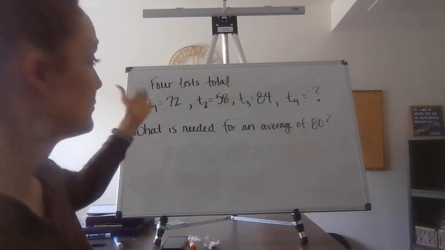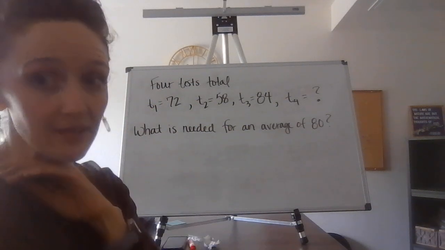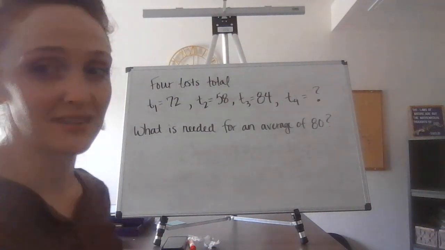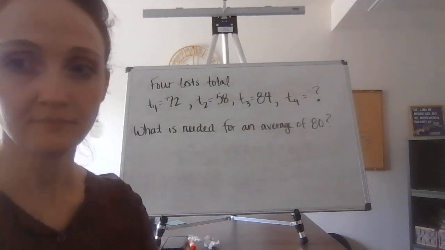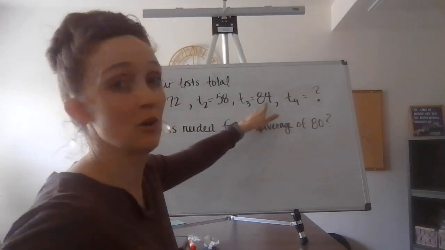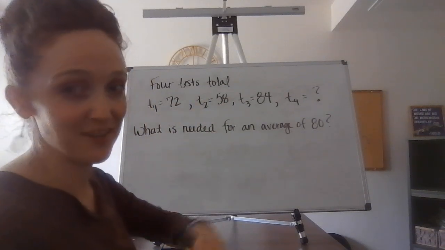One is a 72, one's a 58, and one's an 84. I'm thinking, hopefully you're thinking too, that he has to do really, really well on this last test, right? That 4 points above isn't a whole lot to distribute to these two lower values to bring them up to an 80.